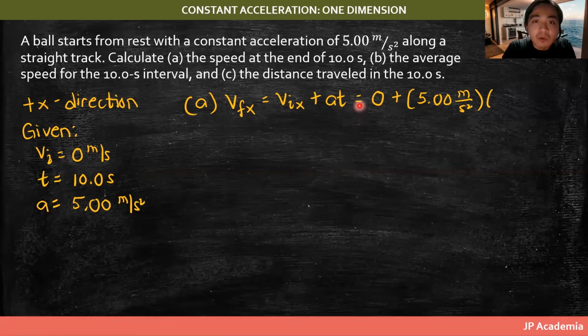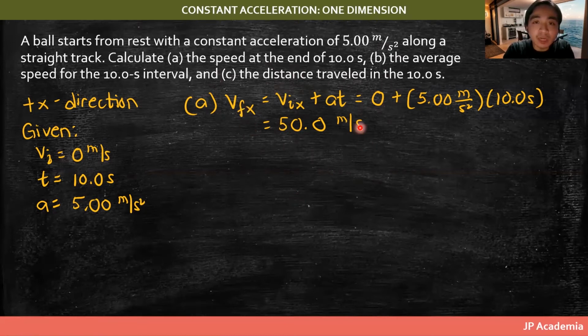So for letter A, we can use this formula to calculate the final speed of this ball given this acceleration and this time. And alam natin na si initial speed mo for this case ay 0. So therefore, you will get the value of 50 meters per second for the speed at the end of 10 seconds. Okay, very simple.